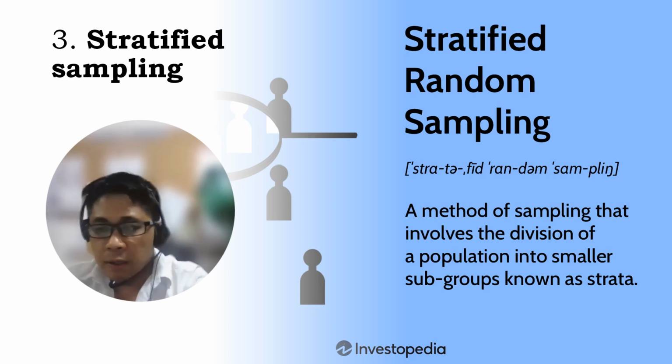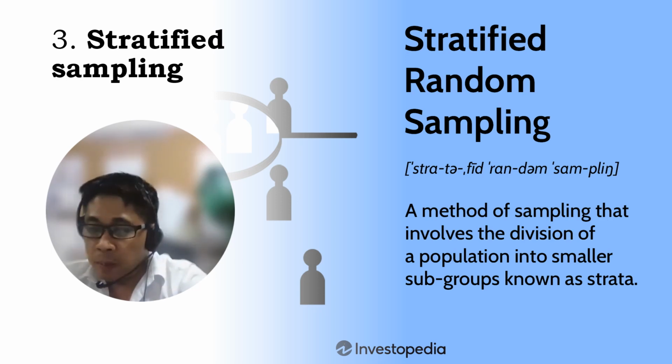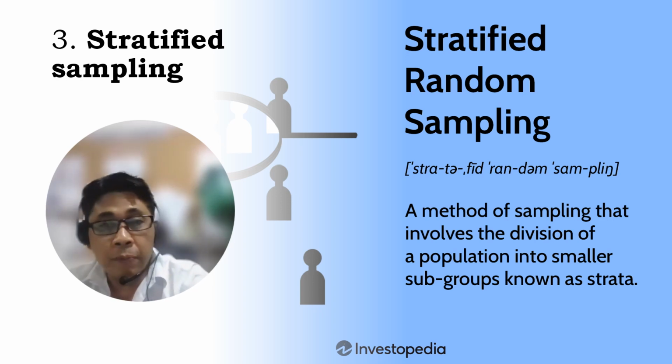So here, this sampling allows you to draw more precise conclusions by ensuring that every subgroup is properly represented in the sample. So to use this sampling method, you divide the population into subgroups called strata based on relevant characteristics like gender, age, income bracket, job role, and others.